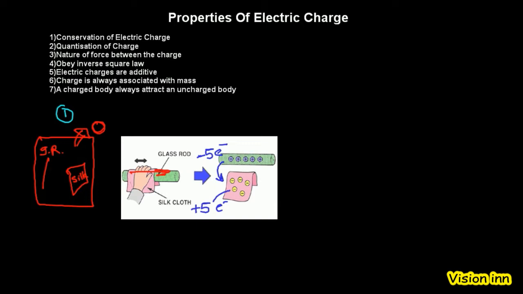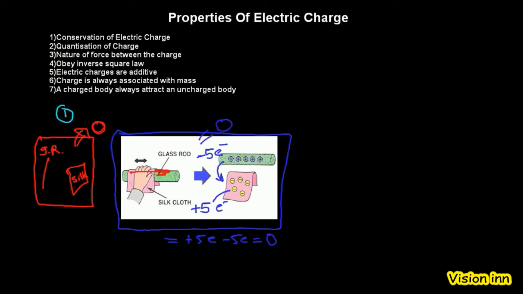But if we consider this system, what is the total net charge? Total net charge is plus 5e minus 5e, which is equal to 0. The net charge of this system was 0 before rubbing, and after rubbing also the net charge is 0. So this is conservation of electric charge.